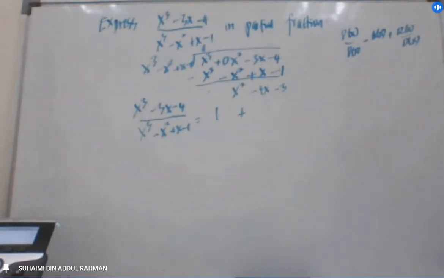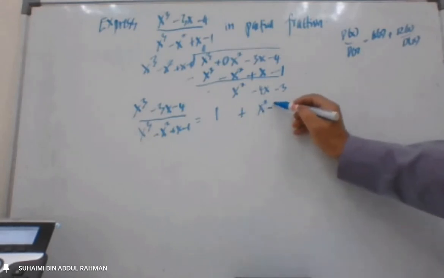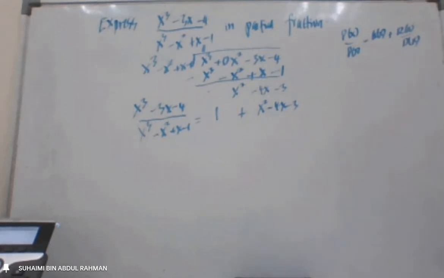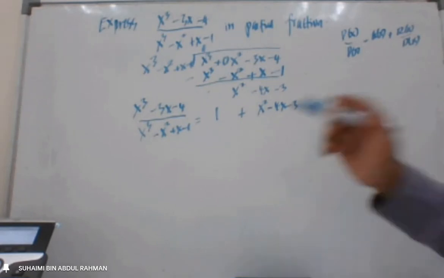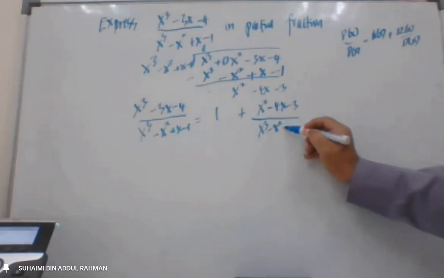What is our remainder? x squared minus 4x minus 3 over x cubed minus x squared plus x minus 1.